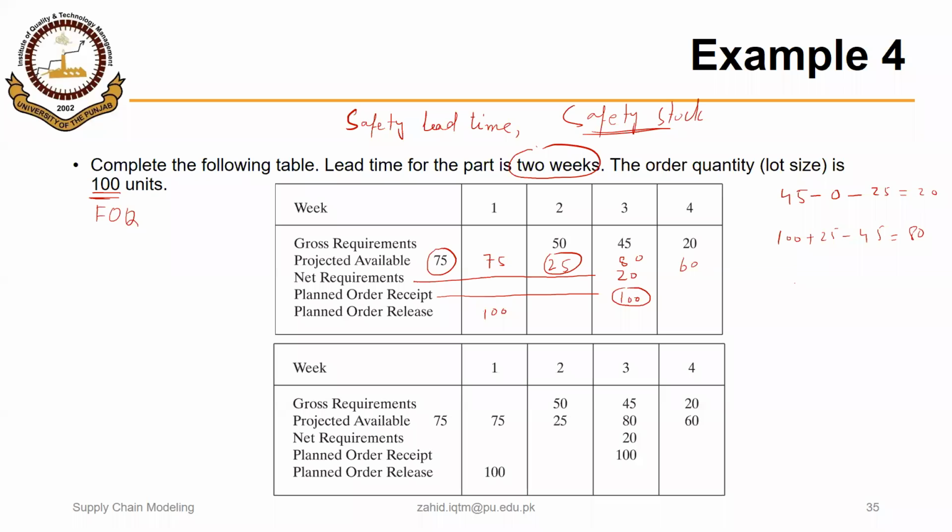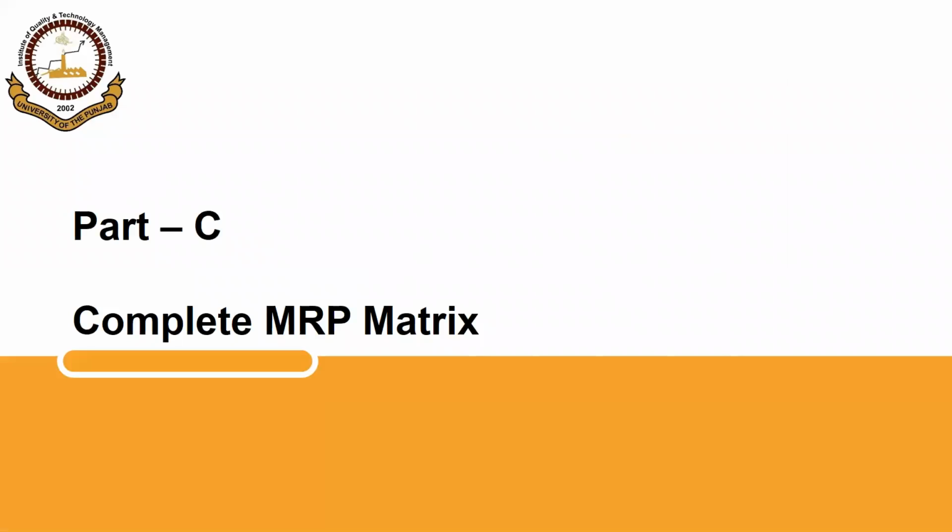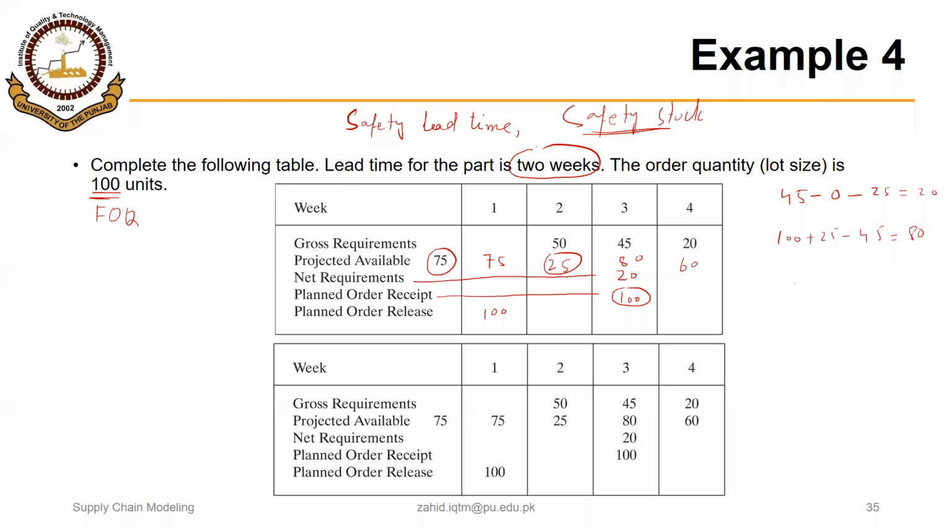In the next segment, we will discuss the complete MRP matrix using the same concepts. Just one thing was missing in this matrix, and that was the scheduled receipts. The rest of the 5 terms are already there. We will also see the scheduled receipts in the complete matrix, as well as in one of the examples, we will see the safety stock as well.